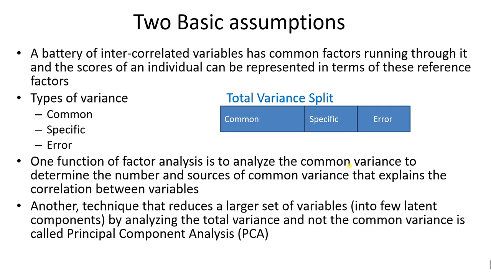And the purpose of factor analysis is to analyze the common variance. If we are analyzing the total variance using a data reduction technique, then that technique is basically principal component analysis.